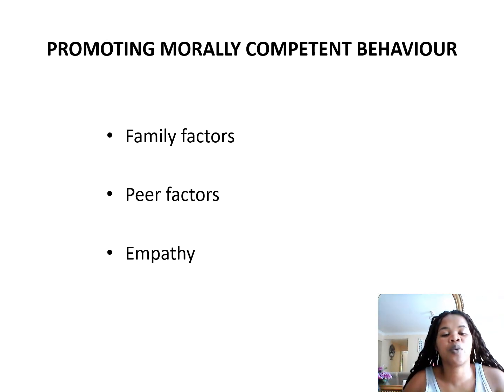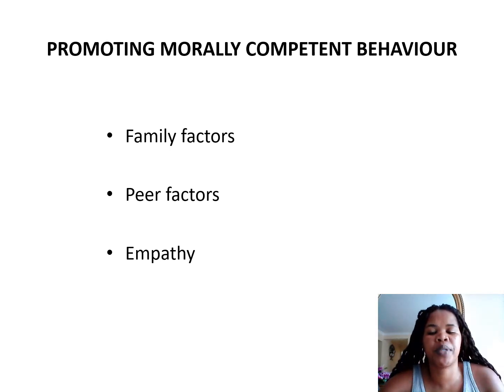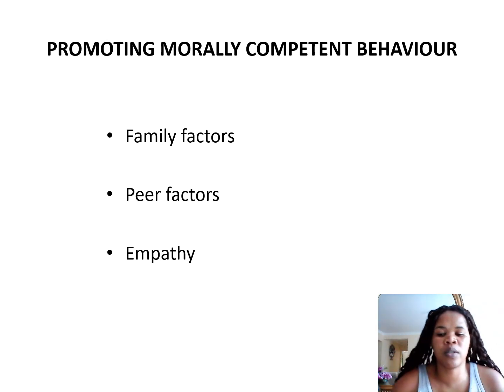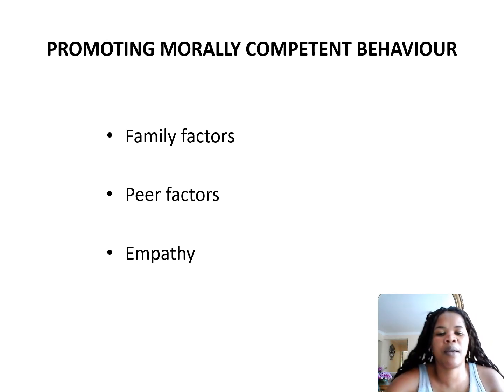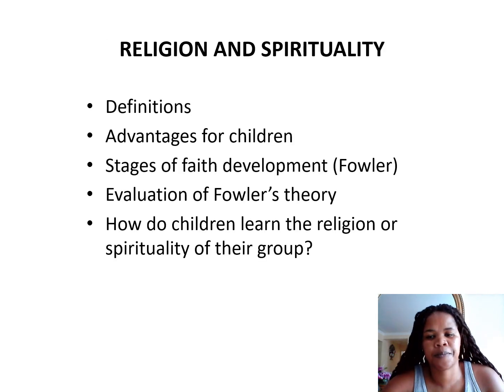So some of the things that we can use to promote morally competent behavior are family factors, peer factors, the friends, and empathy factors. Okay, we're almost done. Religion and spirituality, the advantages for children, stages of faith.